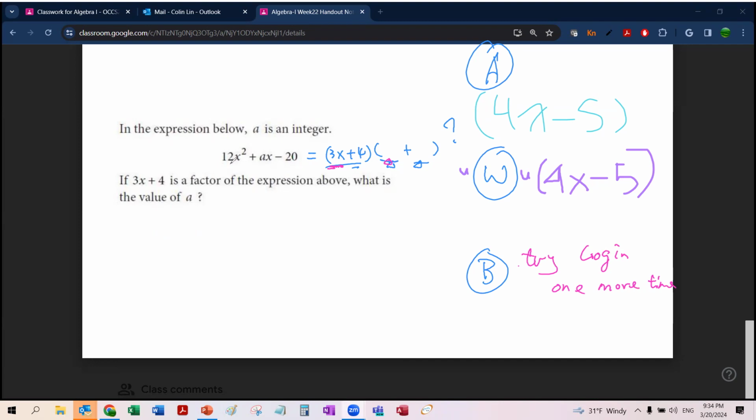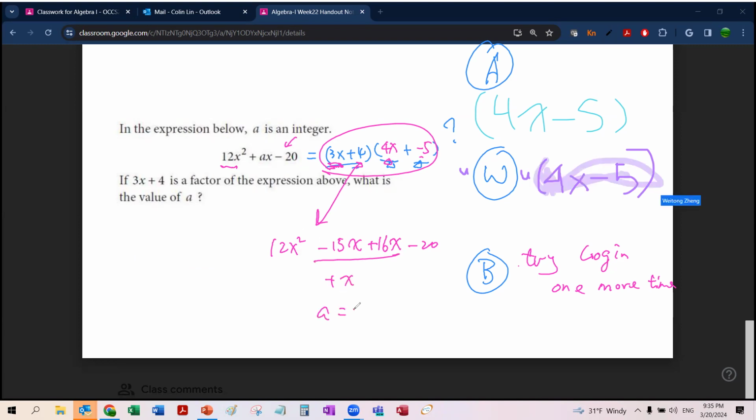So let's see. This part is 3x, so actually you can match up 4x, right? So here's 4, and we can match up negative 5, because these two have to be here, right? So let's find the product of this one. It became 12x squared minus 5x plus 16x and minus 20, right? So here will be positive x. So a equals what, guys?